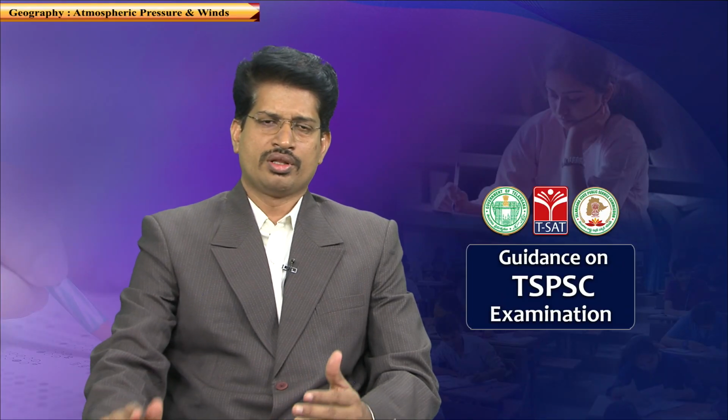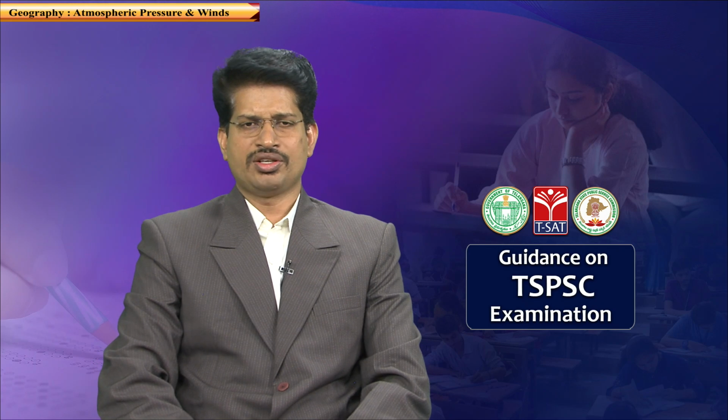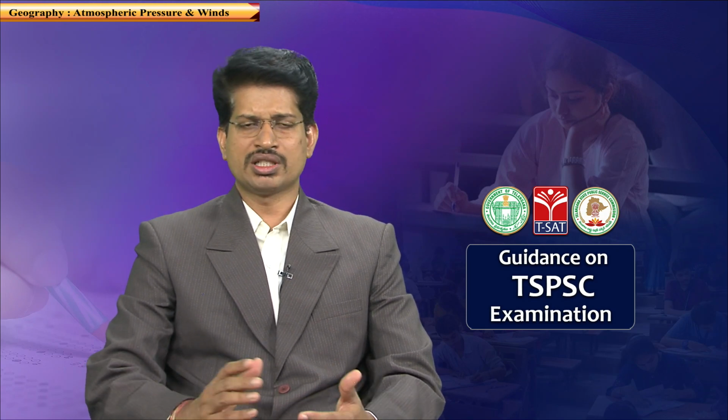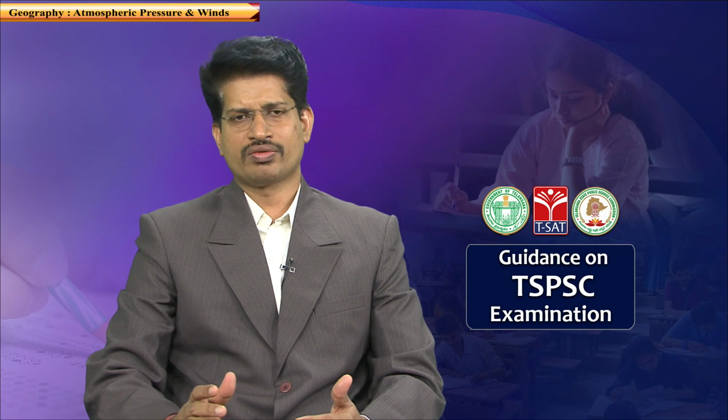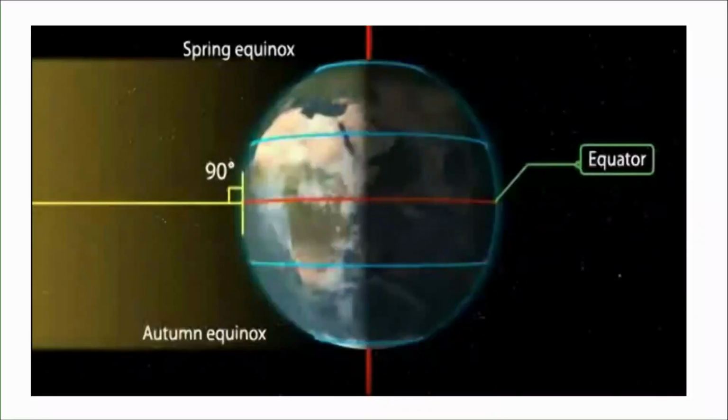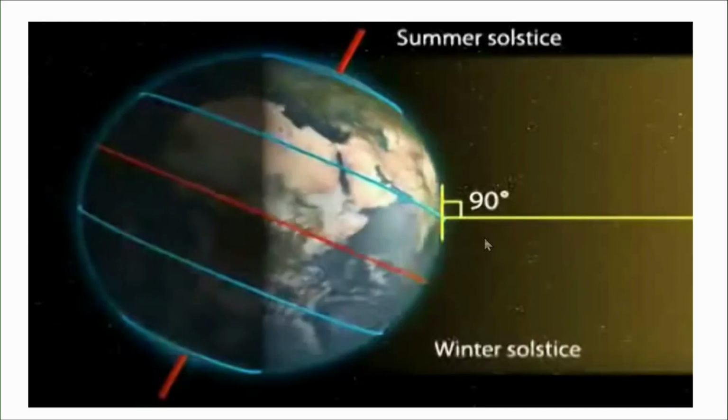So, in this condition the ITCZ will be at the geographical equator, but because of the apparent migration of the sun, because of the tilted axis and the revolution of the earth, the perpendicular incidence in the summer solstice in the northern hemisphere migrates to the Tropic of Cancer.